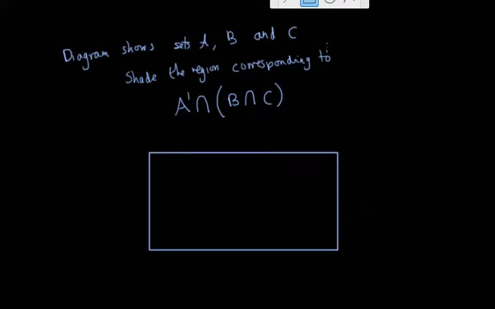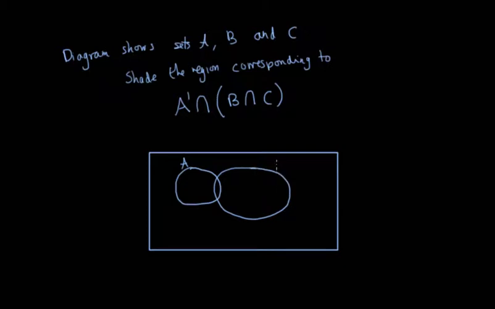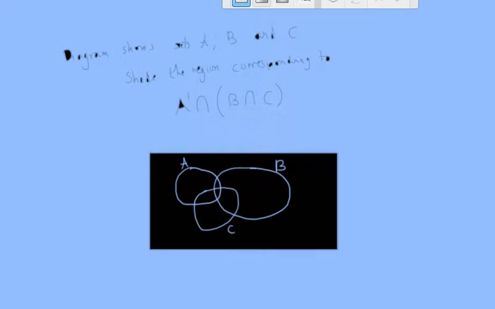We've got our universal set, and now we're going to have A, and we've got a big B, and then we've got C. So first, shade the complementary part of A. So we're going to change our colour. Oh dear, let's undo that.